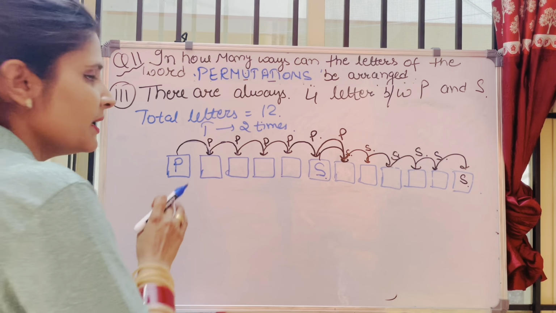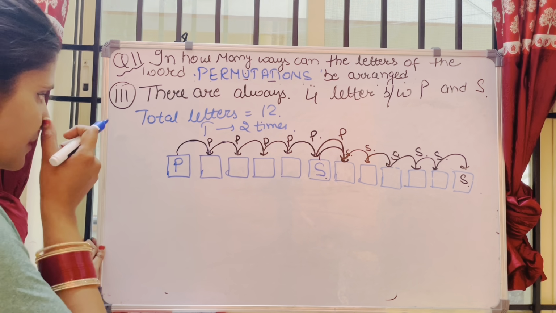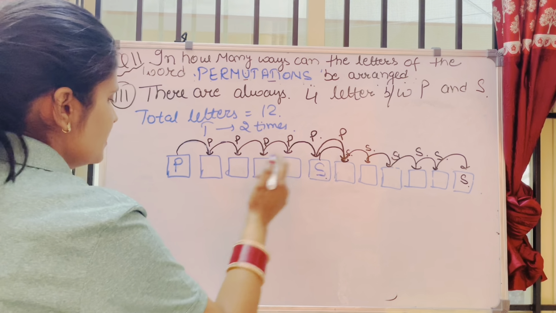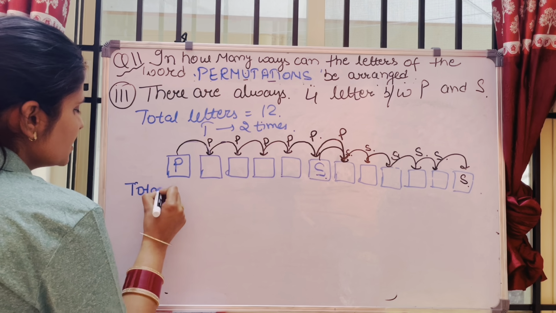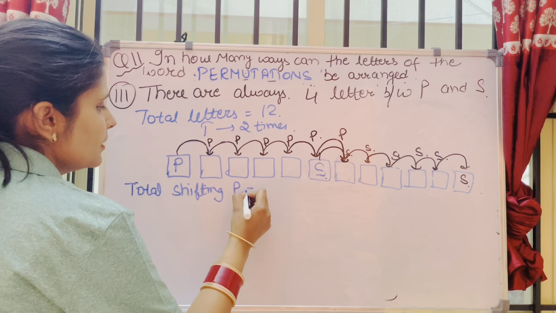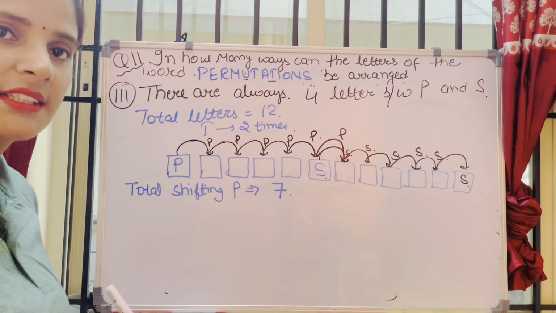So here, how many ways can we shift P? 1, 2, 3, 4, 5, 6, 7. Total shifting of P is 7 times.